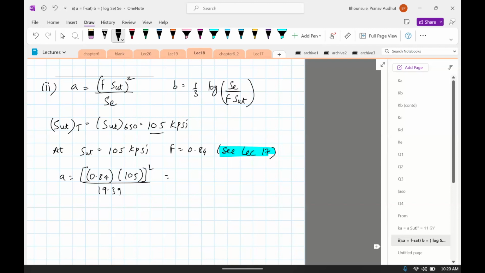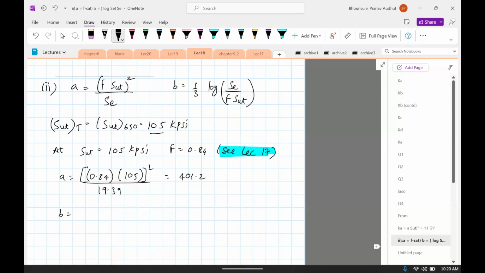Let me compute that. Divided by 19.39. So it's 401.2.